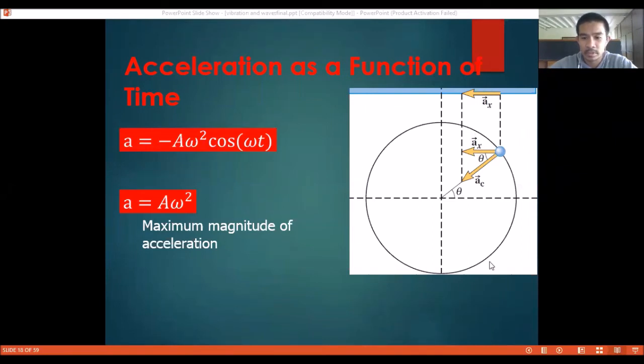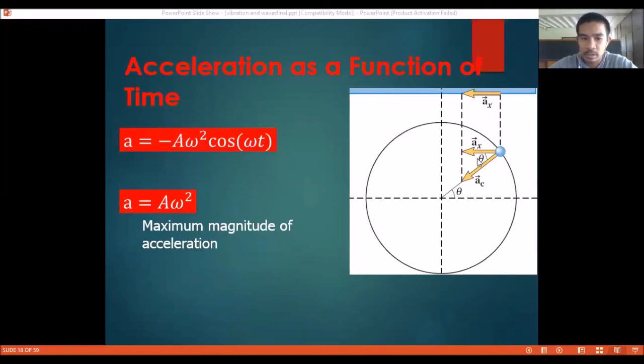Looking at this figure, there is an object moving around the circle in uniform circular motion, and its acceleration is towards the center of the circle, expressed as a_c. The acceleration of an object in simple harmonic motion is opposite to the direction of the displacement. So as the object moves in the positive direction, a_x, the acceleration, is towards the equilibrium position.